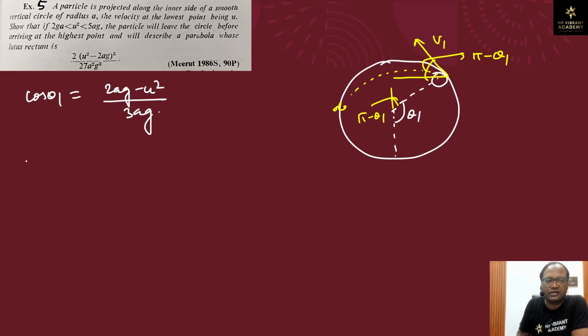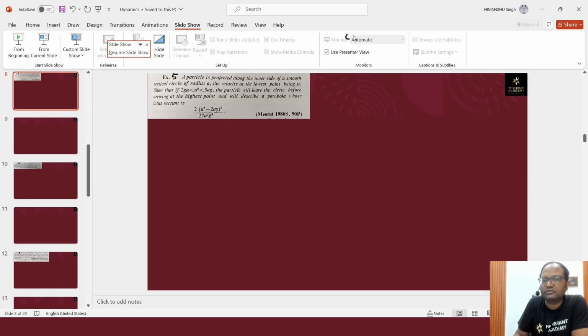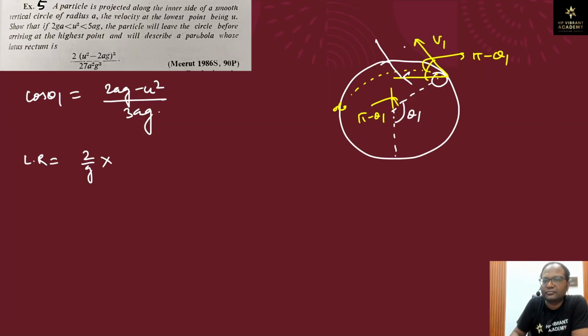So we have latus rectum is equal to 2 upon g into horizontal velocity, which is v1 cos of this angle, pi minus theta 1, whole square.